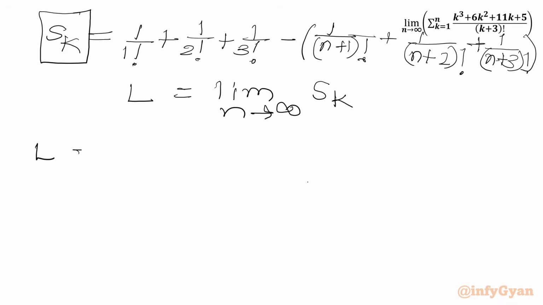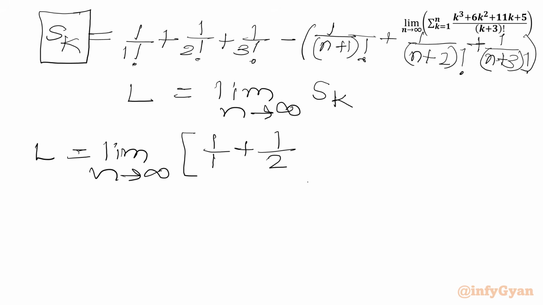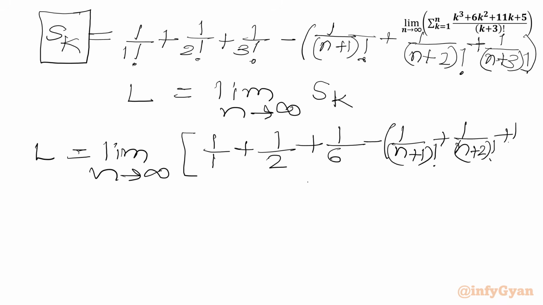So I can write L will be equal to limit n tending to infinity, in bracket, 1 over 1 factorial, which is 1, 1 over 2 factorial, it is 2 in the denominator, 3 factorial is 3 times 2 times 1, so 6, minus in bracket 1 over n plus 1 factorial plus 1 over n plus 2 factorial plus 1 over n plus 3 factorial, bracket close.